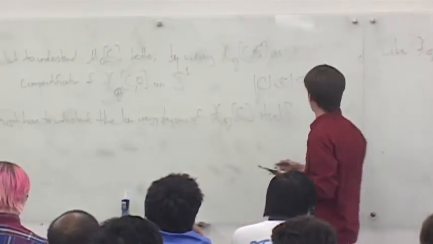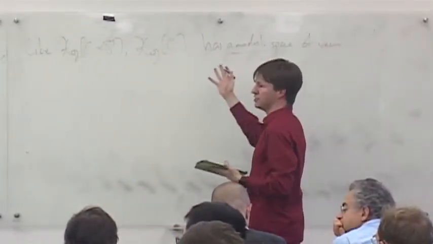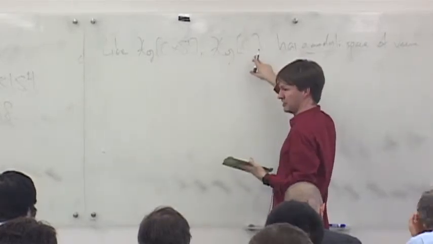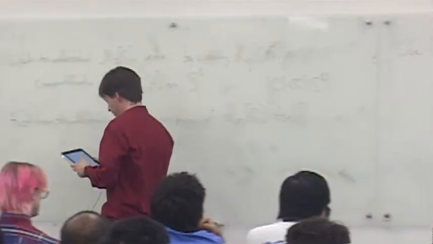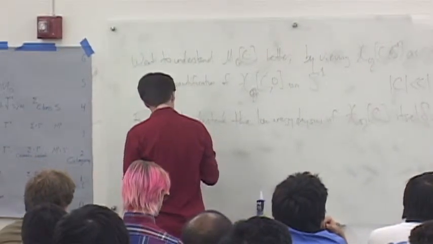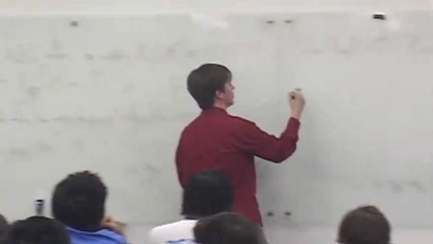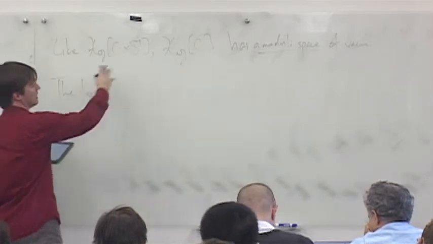So, well, we'll see an example in a second. I'm going to tell you what this moduli space of vacua is in this particular example. So let's study this particular theory.